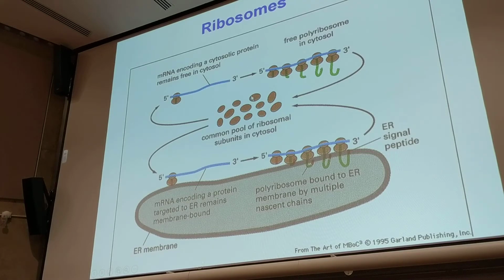The information that makes these two sets different is located in the nascent protein, which has an ER signal peptide that will allow this newly synthesized protein to attach the whole complex to the ER.